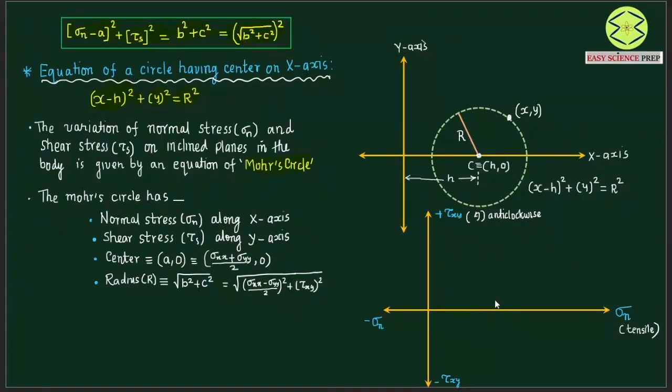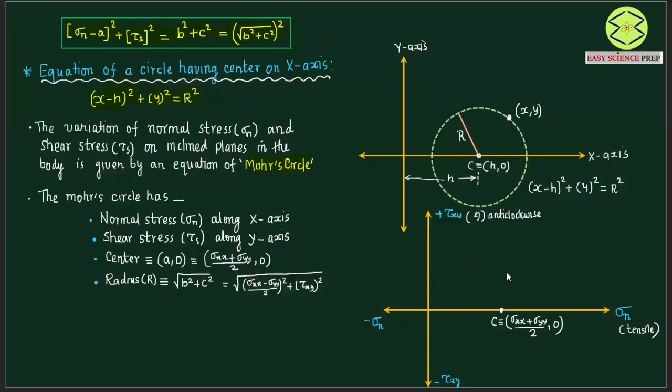So now we would like to draw the Mohr circle. First I will locate the center. The center of the Mohr circle is going to be at the point sigma xx plus sigma yy by 2 comma 0, so y is 0. Then we are going to locate the radius.